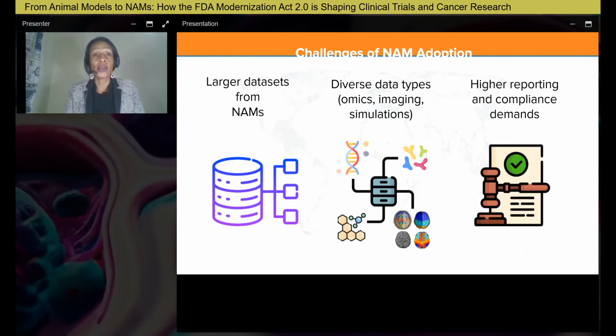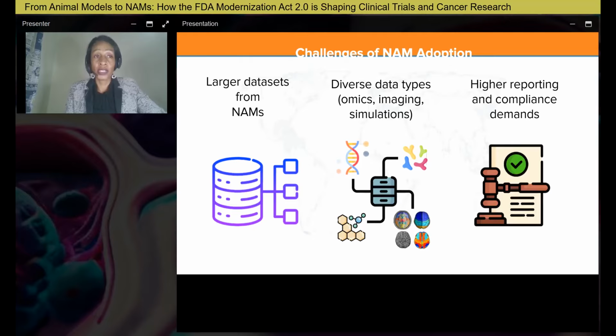And perhaps one of the most significant challenges will be the sheer volume and complexity of the data that will be arriving at the lab level. For example, from organs on a chip, expect to have continuous sensor output. From organoids, imaging and histological findings.